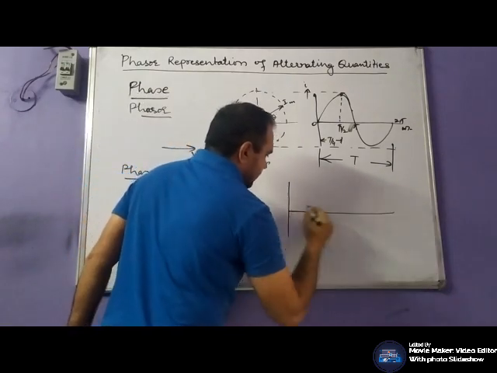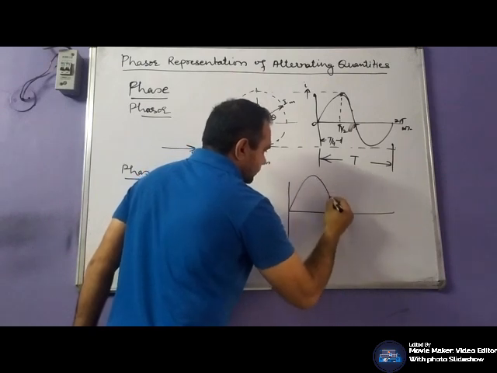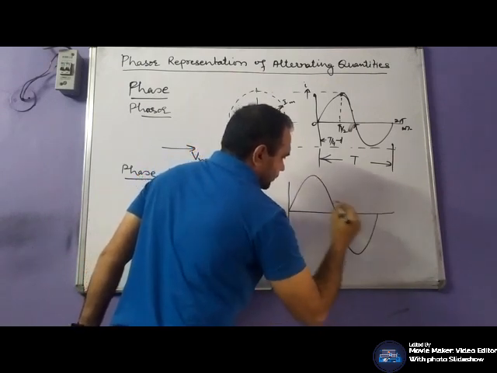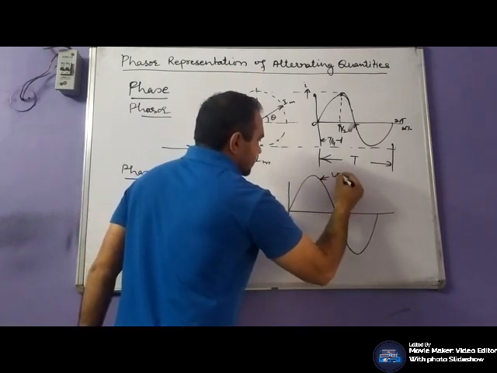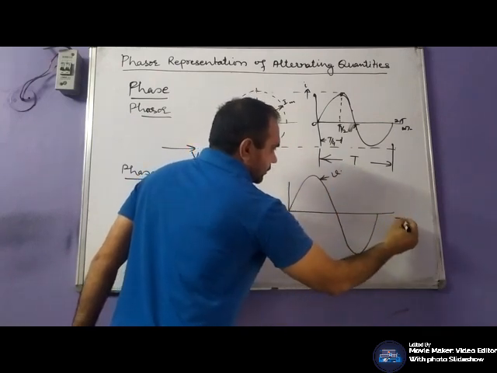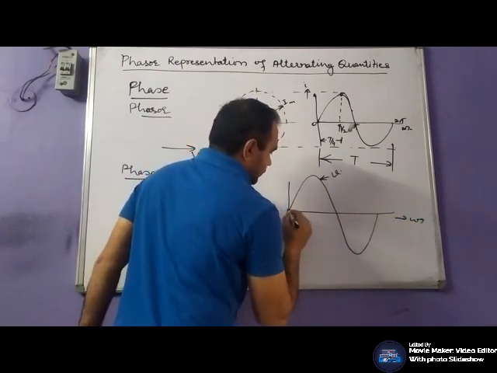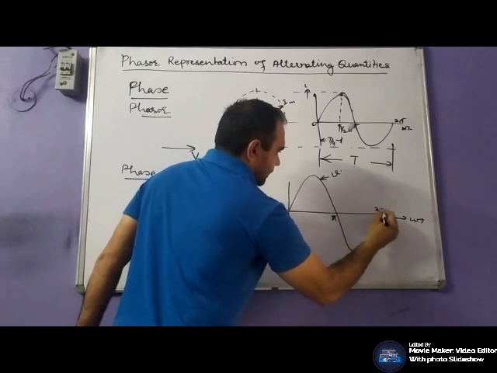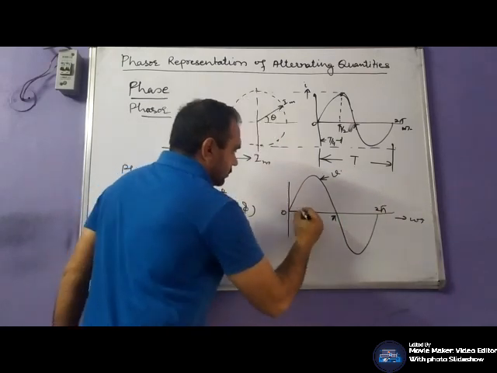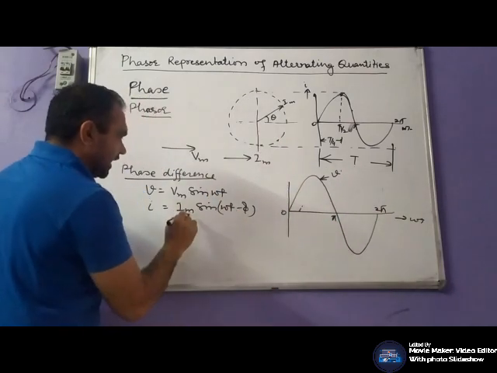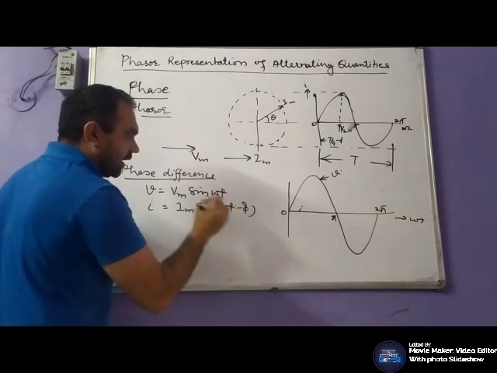Now we can draw the wave shape for them also. Let this be the voltage V. Now, this is lagging by a phase angle of phi.